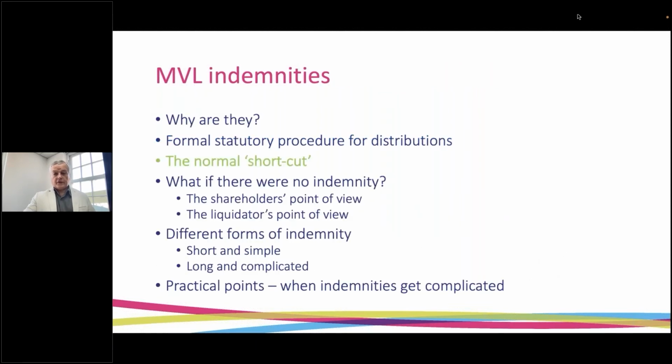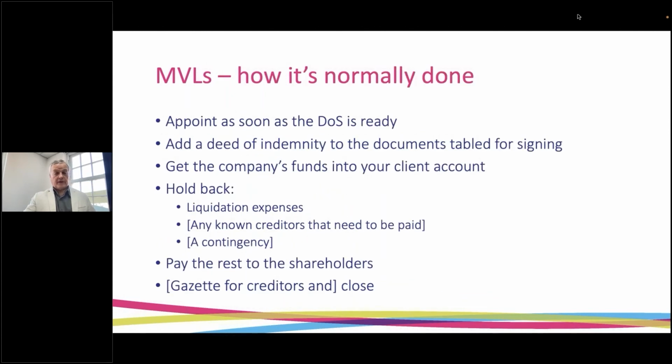Let's look now at the normal shortcut, which is the procedure that's followed by most MVL liquidators. And here you are likely to appoint as soon as the declaration of solvency is ready to be sworn, as soon as it is sworn. And you're likely to add a deed of indemnity to the bundle of documents that you'll be asking the directors and shareholders to sign.